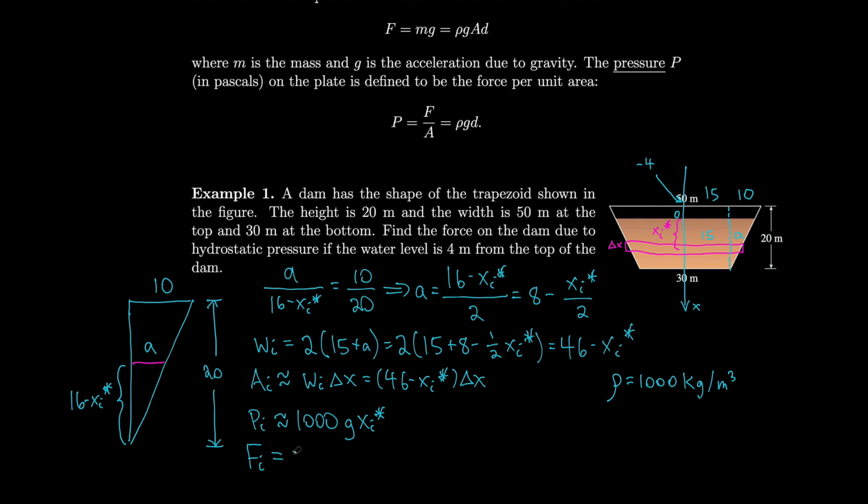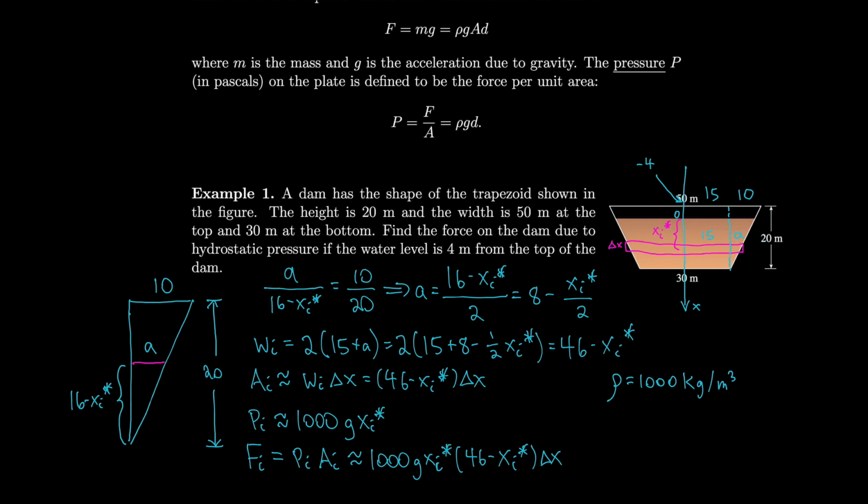Force will be pressure times area, which is about 1,000 times g times xi star times 46 minus xi star delta x. So this is for a single one of these plates.